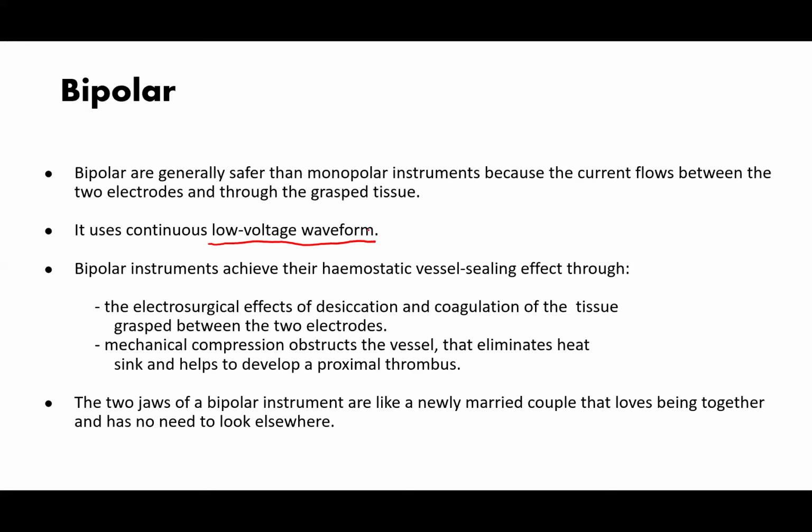Remember, we said between 60 and 95. Two, mechanical compression obstructs the blood vessels, okay? That eliminates heat sink and helps develop a proximal thrombus.